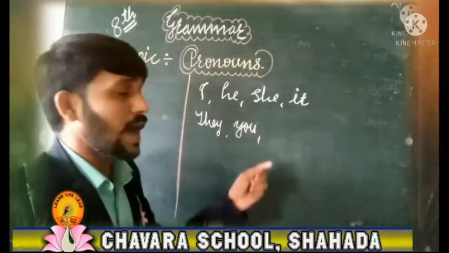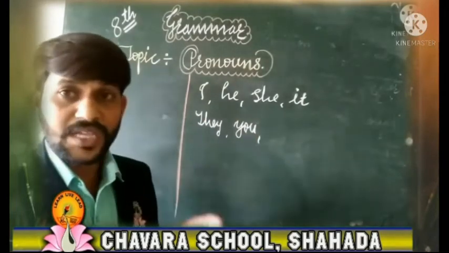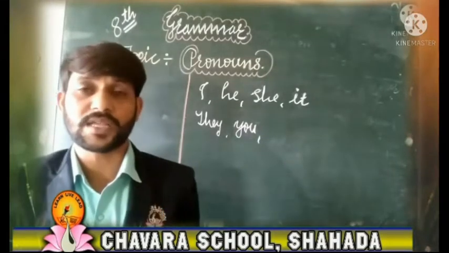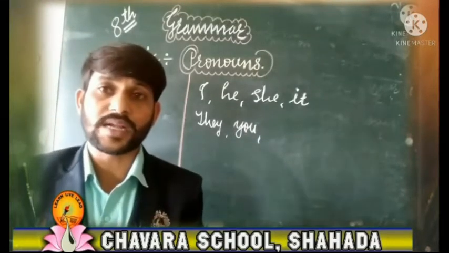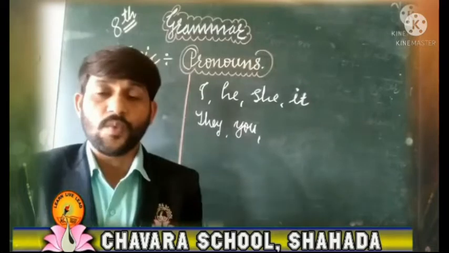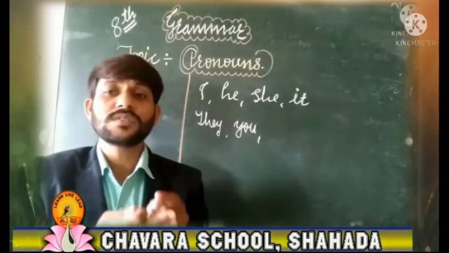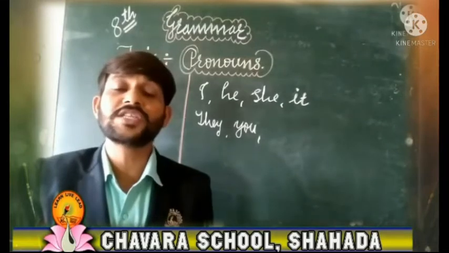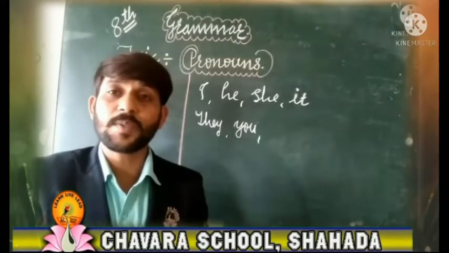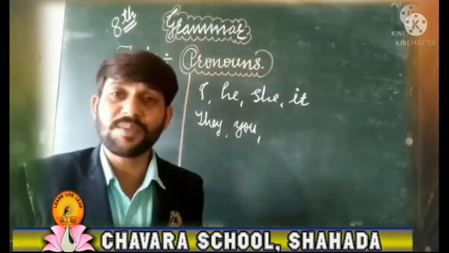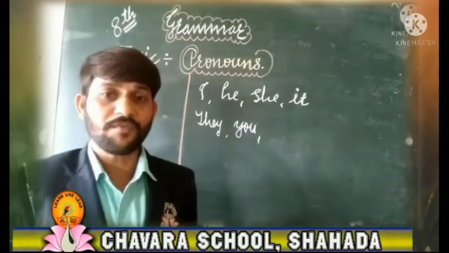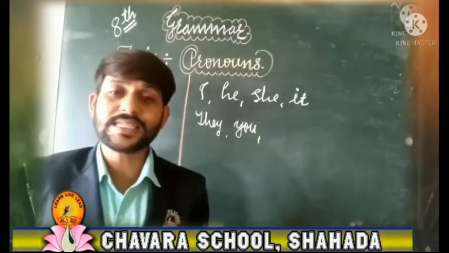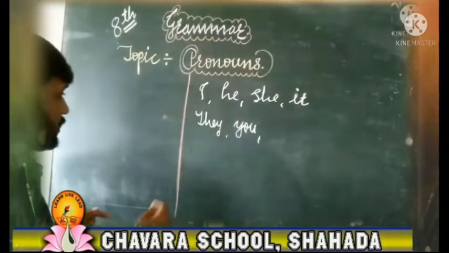These all are pronouns which are used in the place of nouns to avoid their repetition. We can use pronouns for the second and subsequent mention of the same person or the same thing. For example, we could say, John is an intelligent boy.